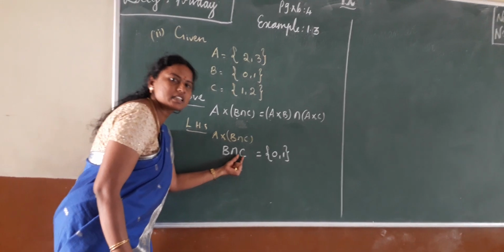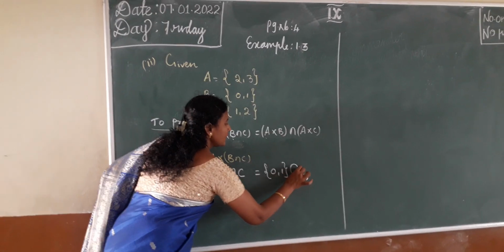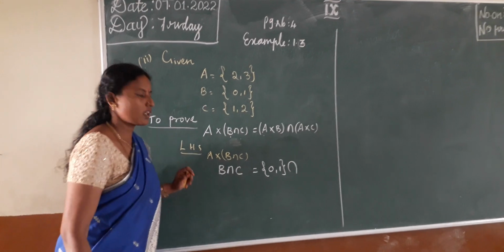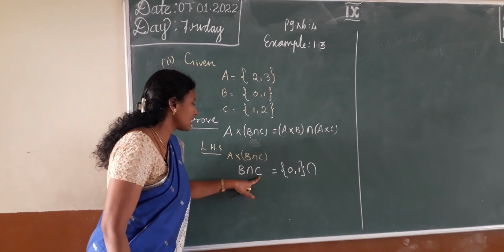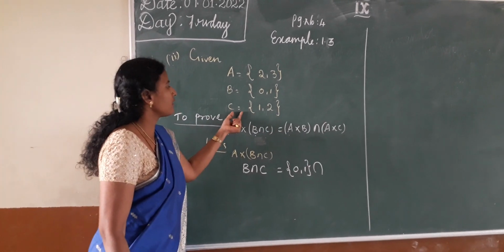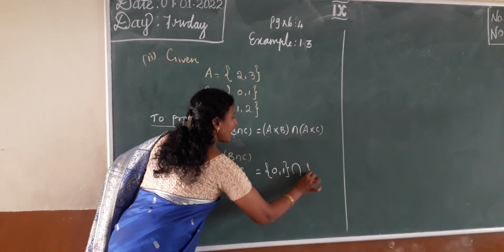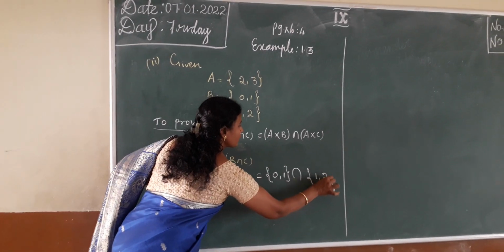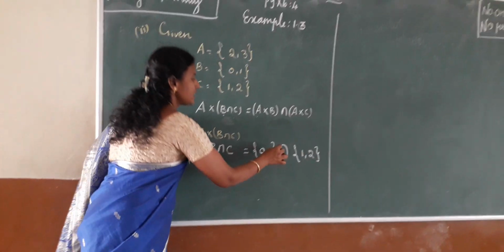B intersection C. Here you have to write the intersection symbol. And then what is the value for C? They gave the value C = {1, 2}. So you have to write 1, 2 here.